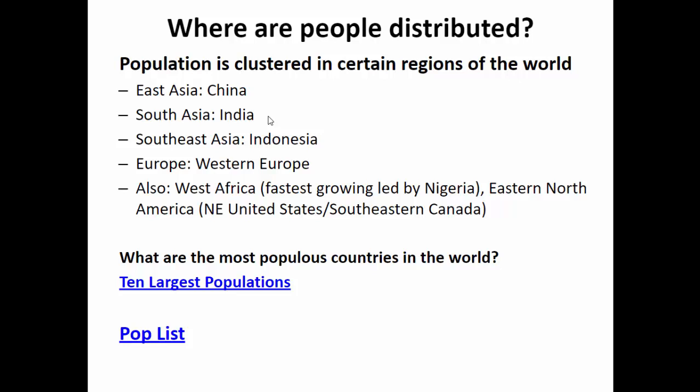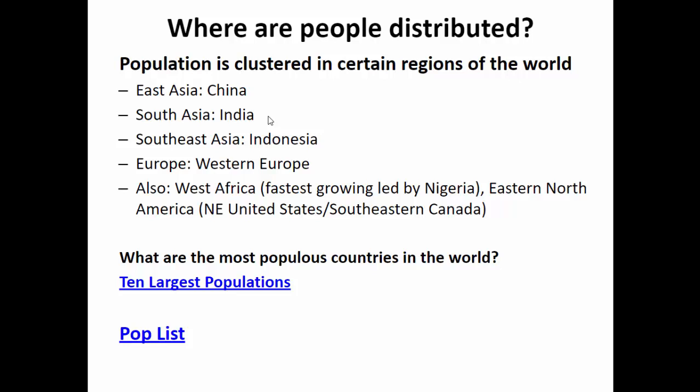We have 2 other major clusters. The third is Southeast Asia. So we have East Asia, South Asia, and in between we have Southeast Asia. These are the areas that include islands in Southeast Asia, like Indonesia, the most populous country in Southeast Asia.